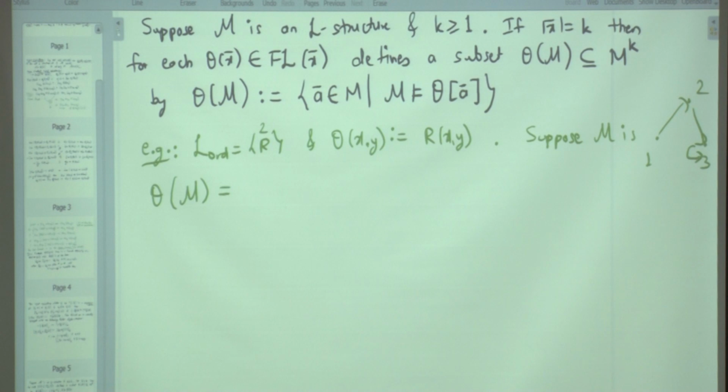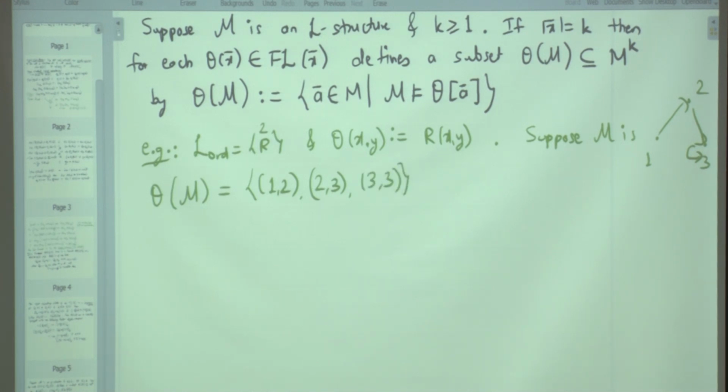Tell me, where is it satisfied? I am supposed to give you some set of ordered pairs. The first ordered pair is 1 comma 2, the second is 2 comma 3, and the third is 3 comma 3.